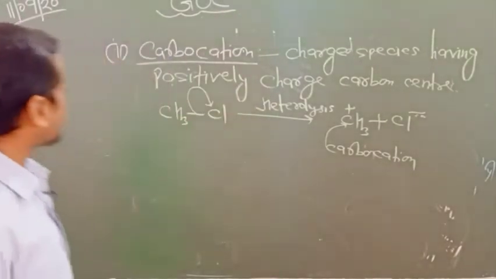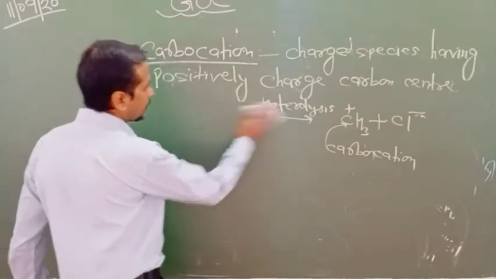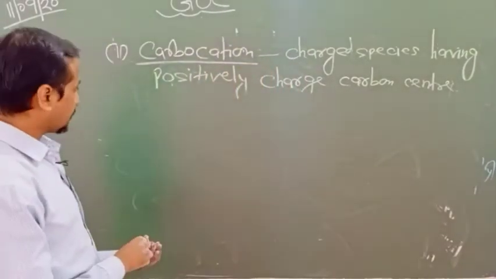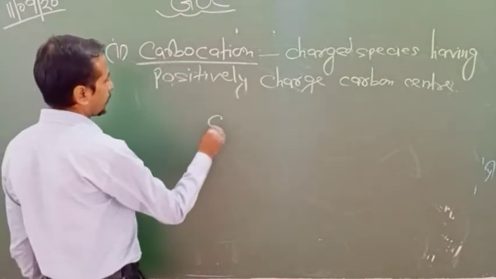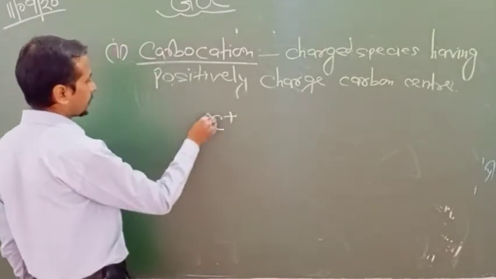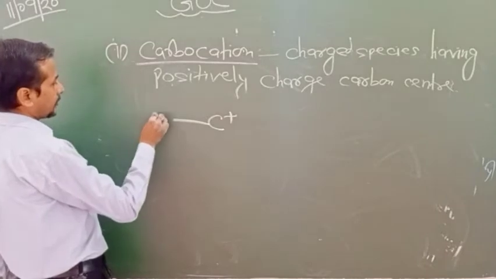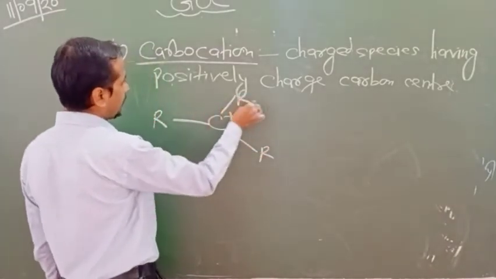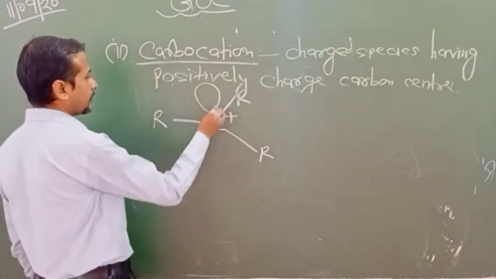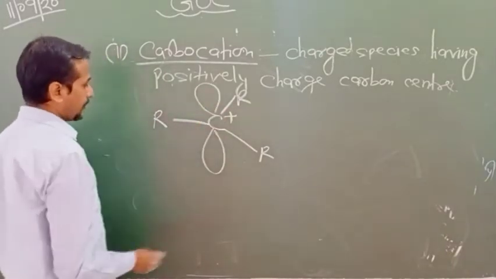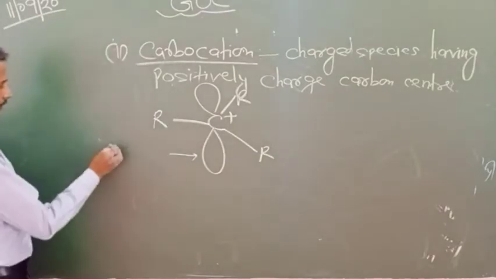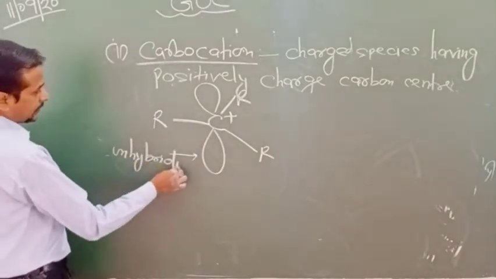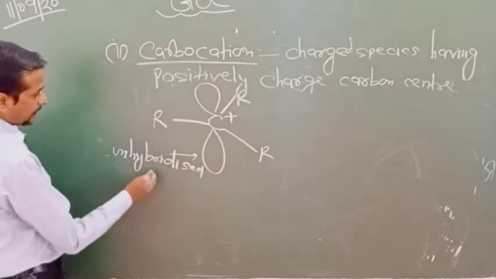Now, dear students, look at the structure of carbocations, and then we decide some properties. So carbon with plus charge, 1 sigma bond with R and R, and this also contains 1 unhybridized p orbital.